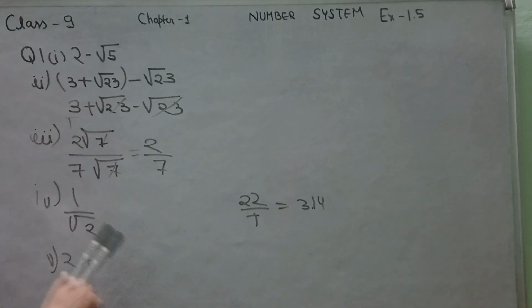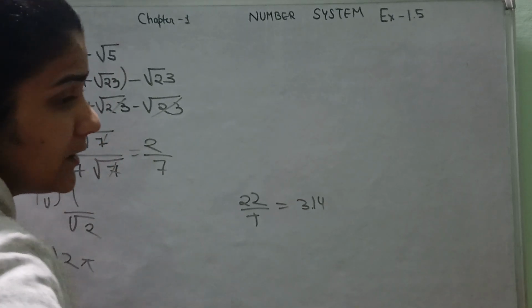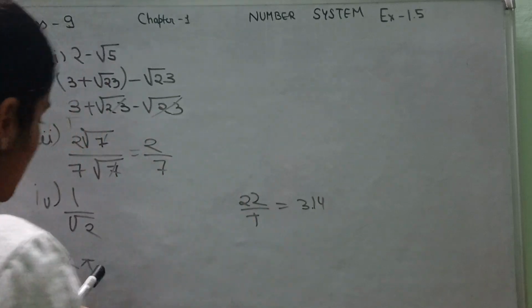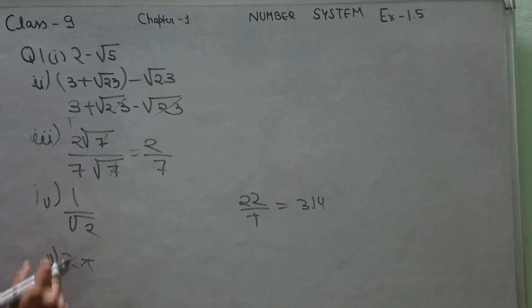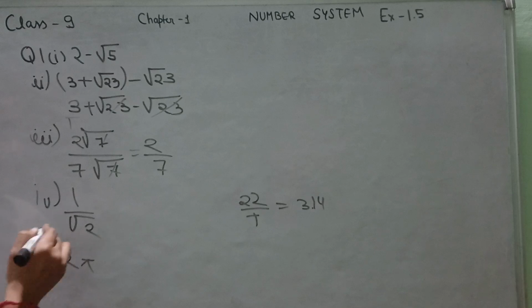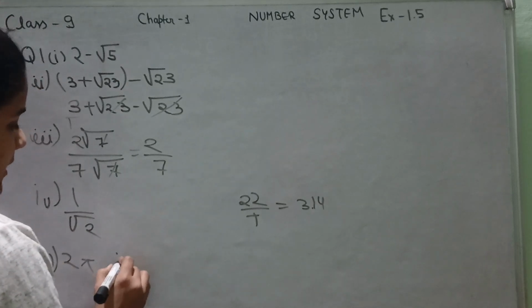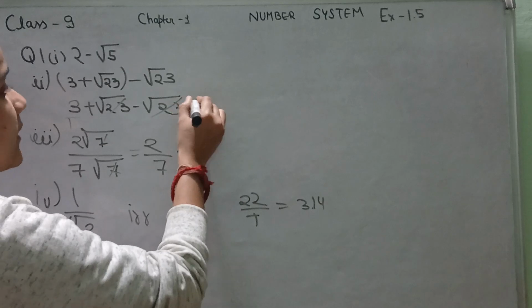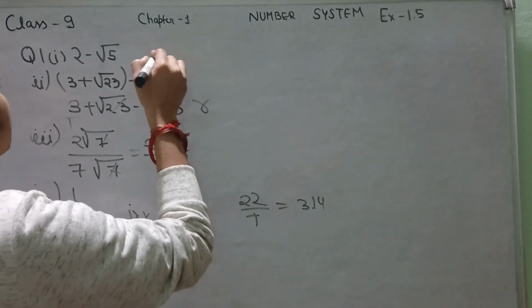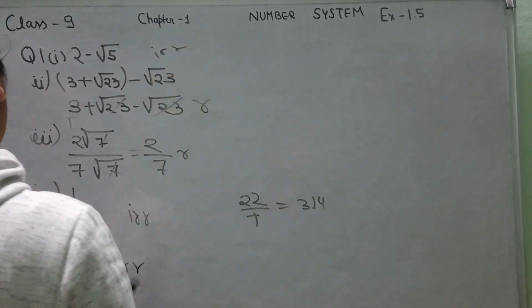So the value of pi is non-terminating and non-repeating. So this whole combination becomes irrational. This is rational, this is rational, and this is irrational.